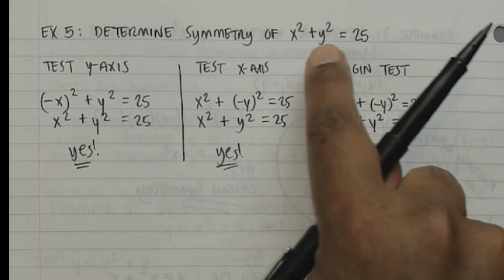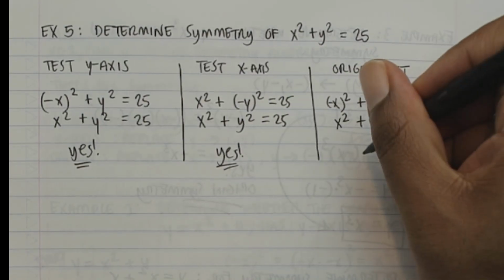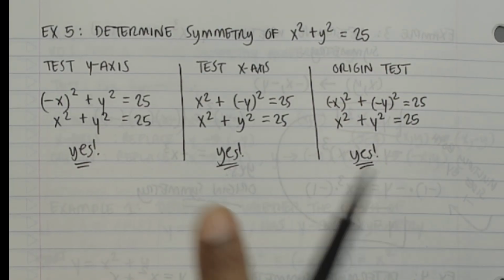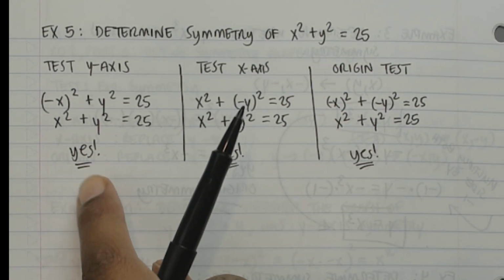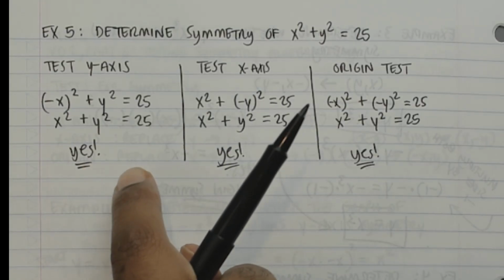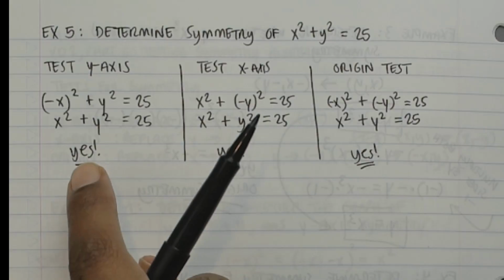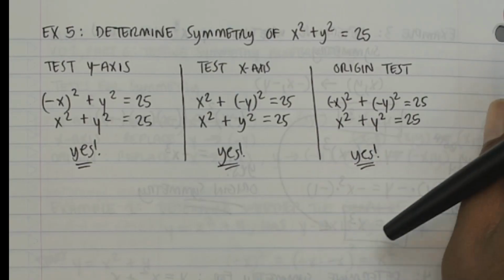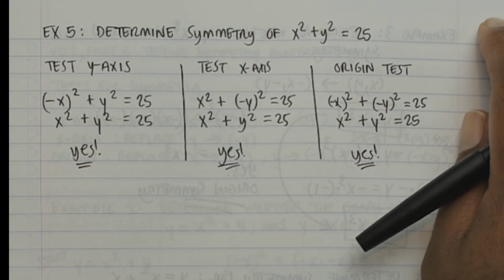Notice it returns to the original equation. So this equation passes the test for y-axis symmetry, x-axis symmetry, and even the origin test of symmetry. Therefore, x-axis symmetry, y-axis symmetry, and origin symmetry are all legitimate.